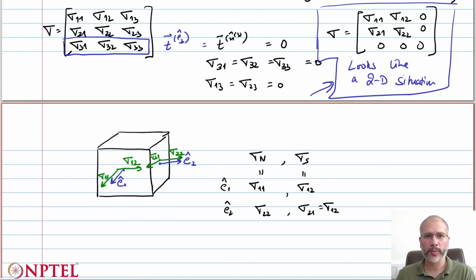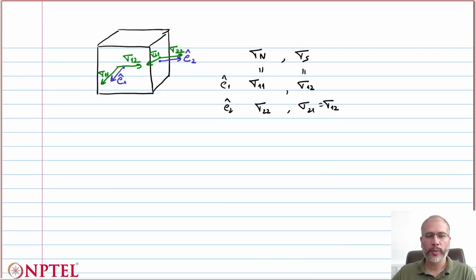It's a very simple situation, but this situation is happening because we have chosen our coordinate system Px1, x2, x3 in such a way that x3 coincides with the principal direction where the principal value is 0. That is the direction of the plane on which there is no loading.